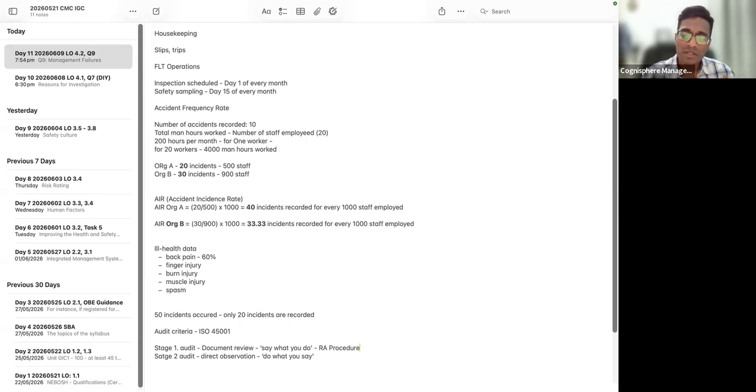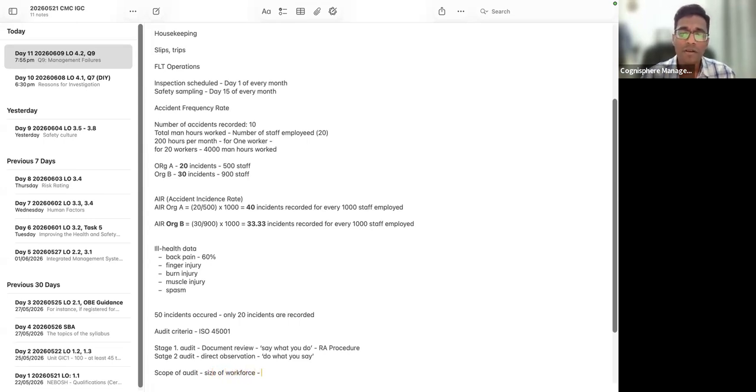For this audit, they will define the number of days required for the audit to be completed. So for that, you need to know the scope of the audit. Whether the audit is a full comprehensive audit for the entire site, or an audit for a particular process or a department. And then, what is the size of the workforce.